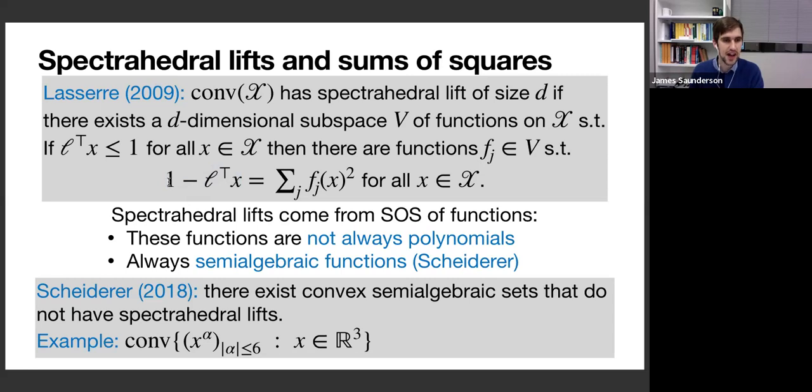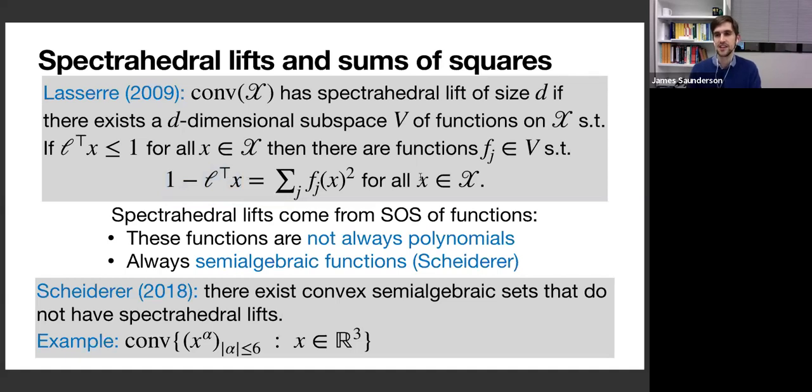So how are we going to certify the non-negativity of these things? Well, what we have to do is produce a d-dimensional subspace of functions on the set. And our linear functional has to agree with a sum of squares of those functions on the set.